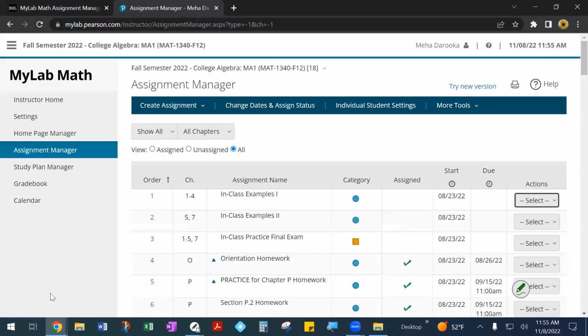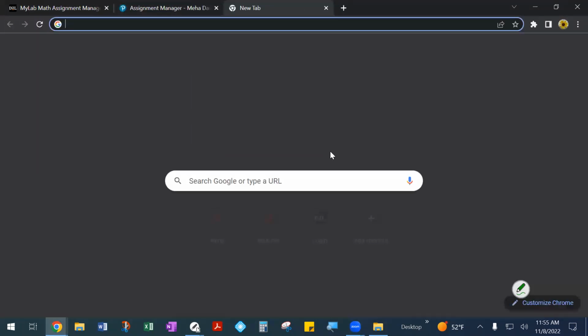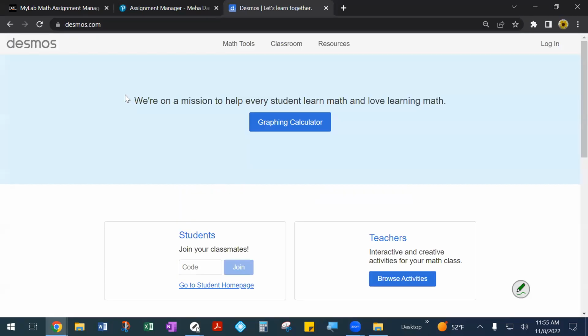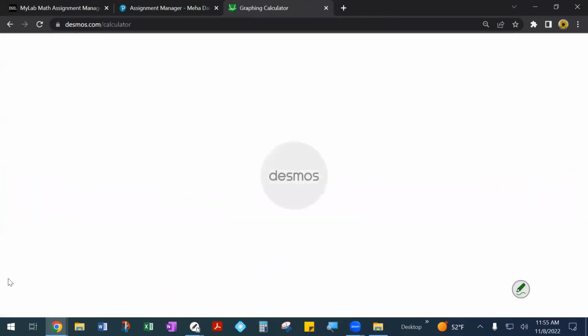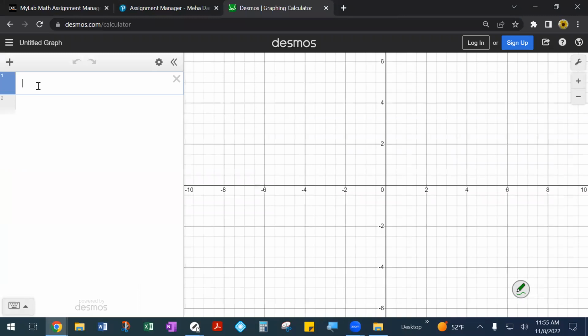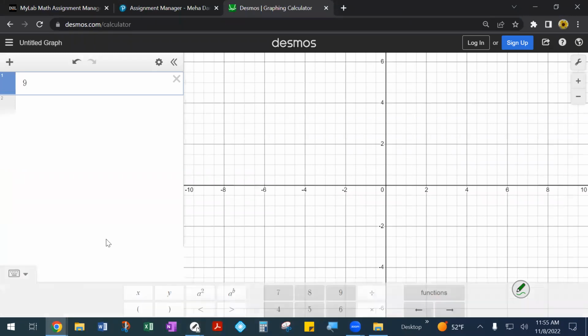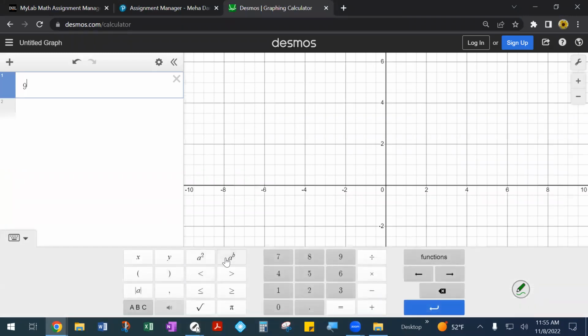Let's see if I can show you the comparison on Desmos. Okay, so we have 9 to the power of x.